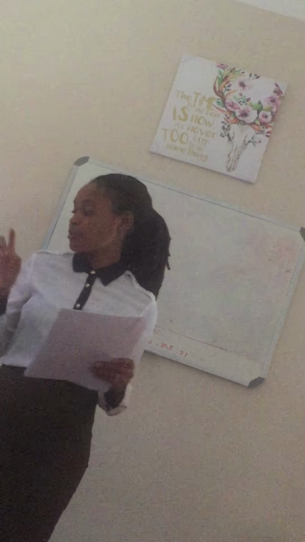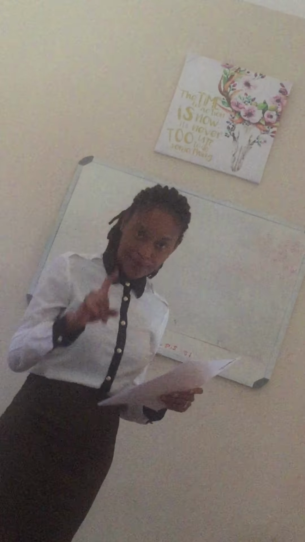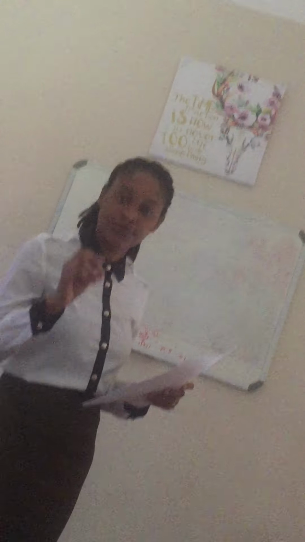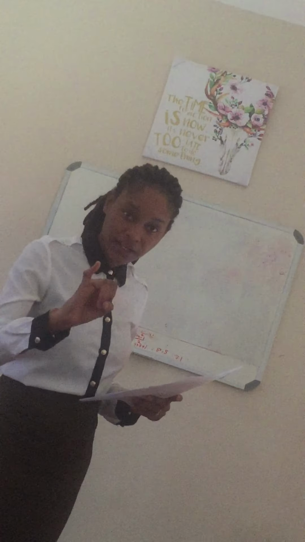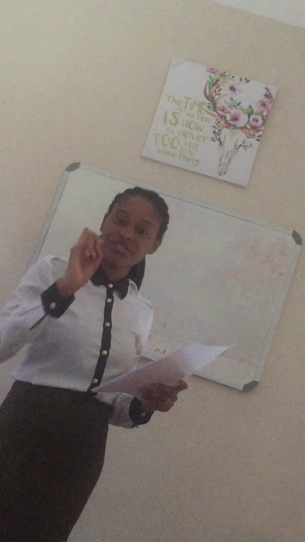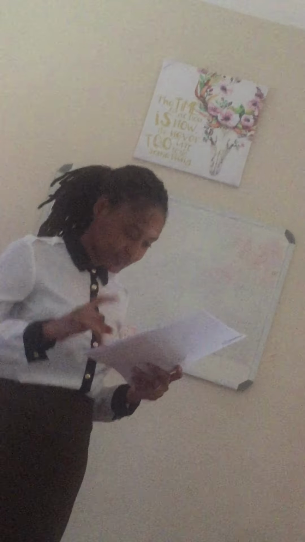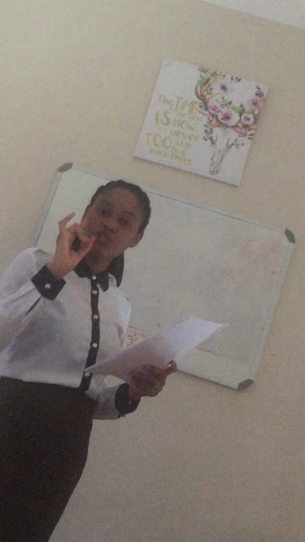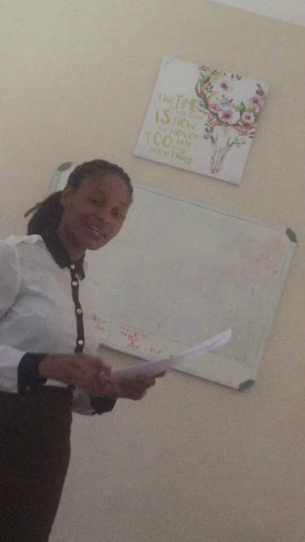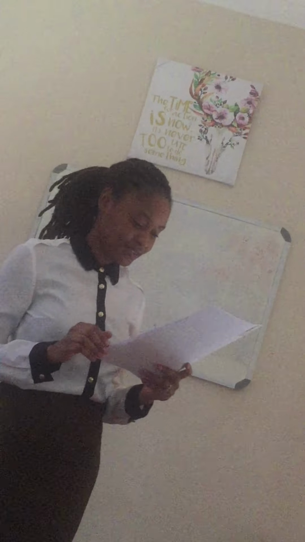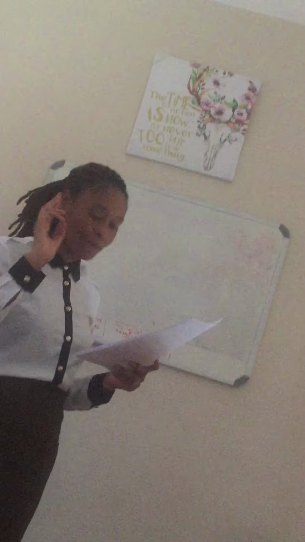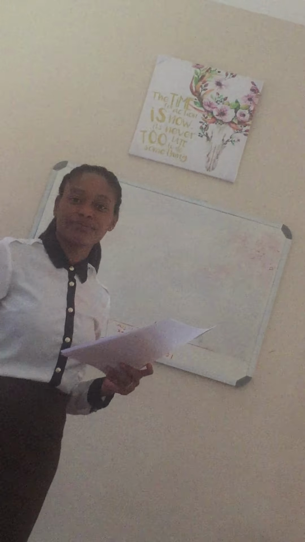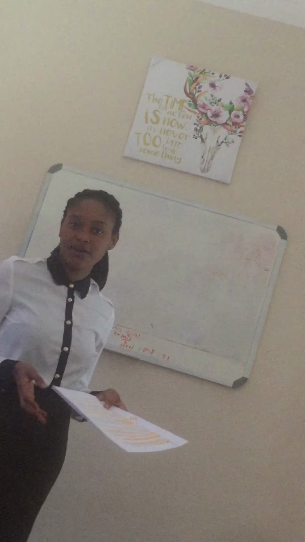Okay, the types of book of original entry. In our lesson objectives, we should know the types. They are as follows. There's a general journal, a special journal, a sales journal, purchases journal, return inward journal, return outward journal, and a cash book. These words are familiar, of course.